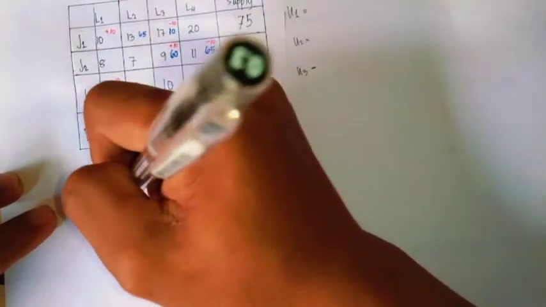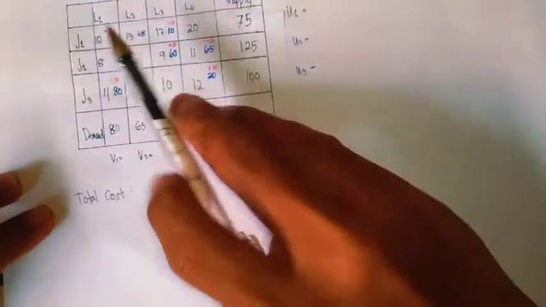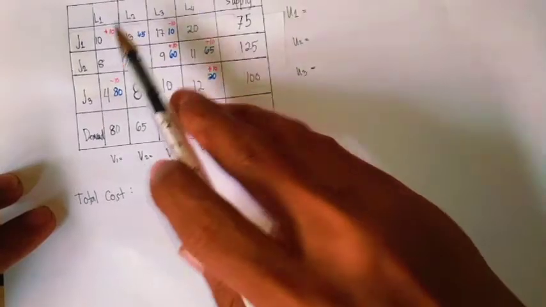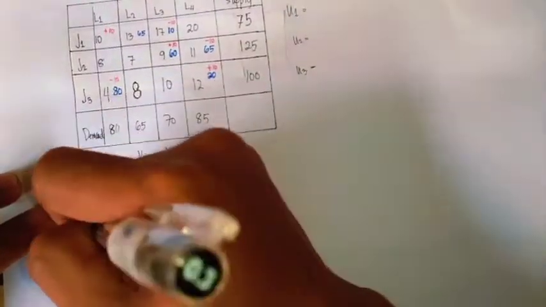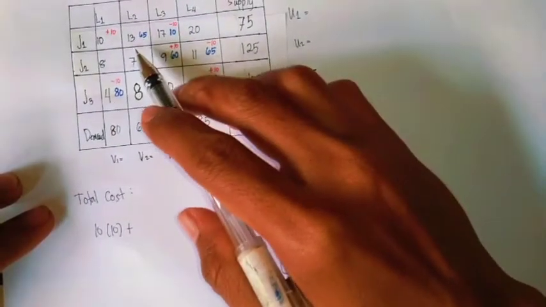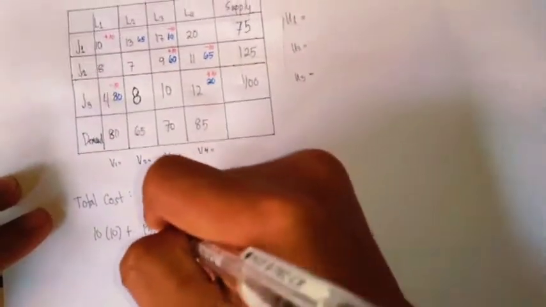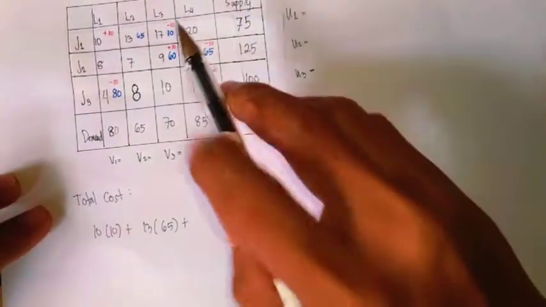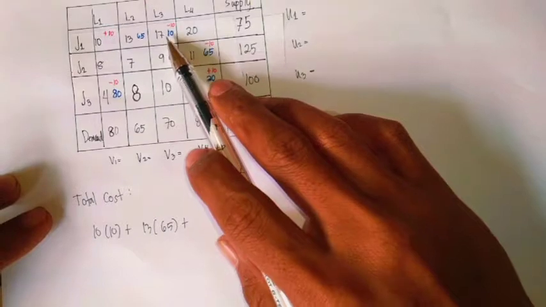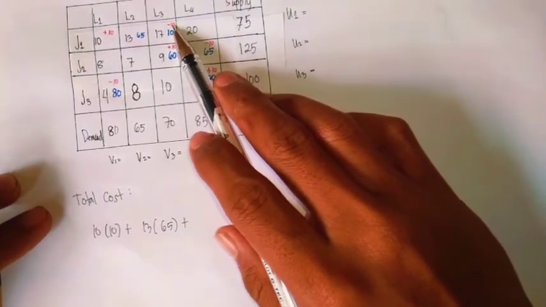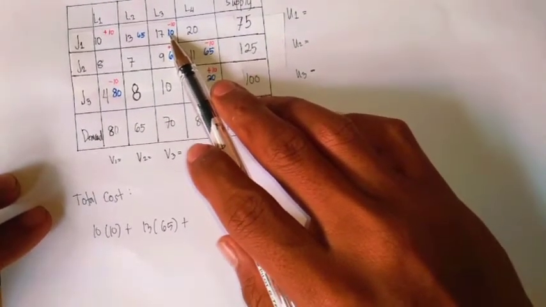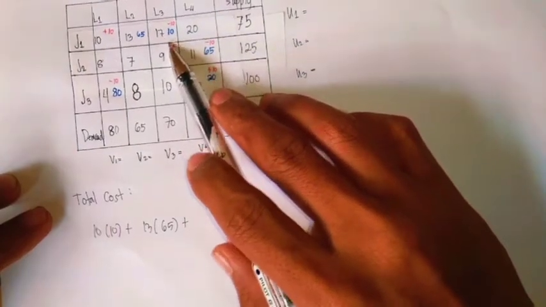So total cost: 10 times 10, since we add 10 here, plus 13 times 65, plus 17, 10 minus 10 is 0, so we will not include 17 anymore.